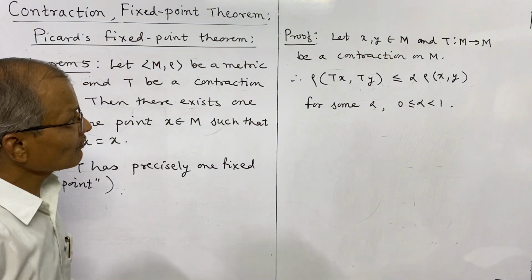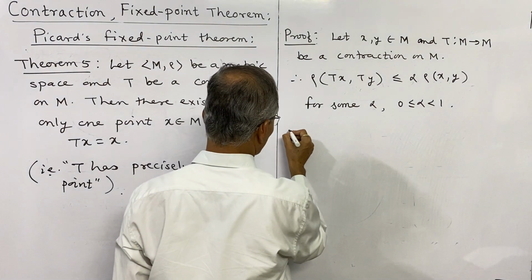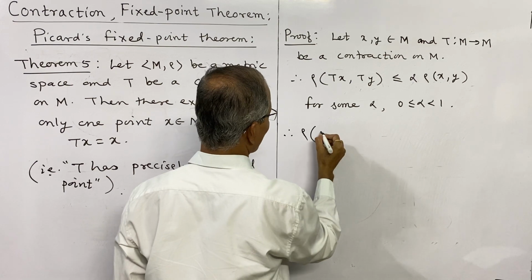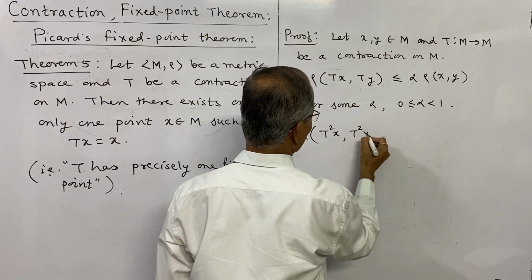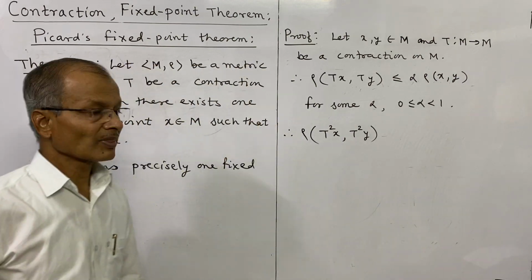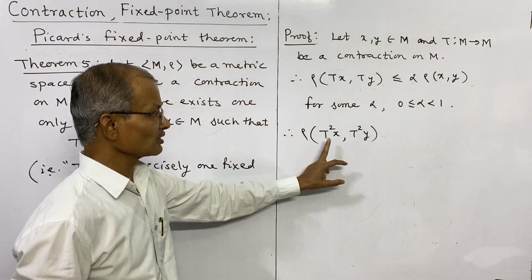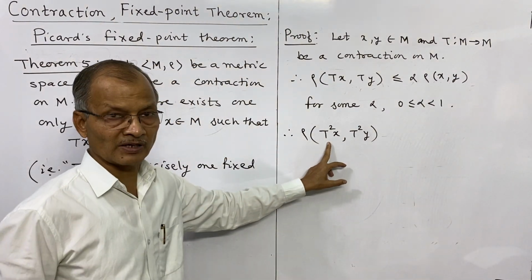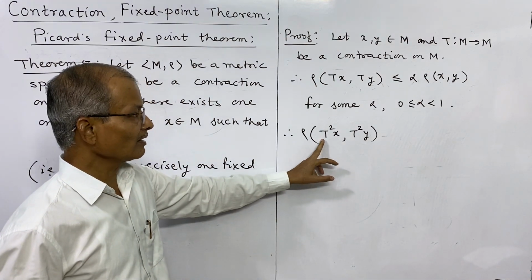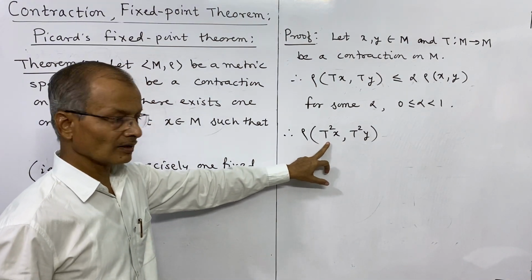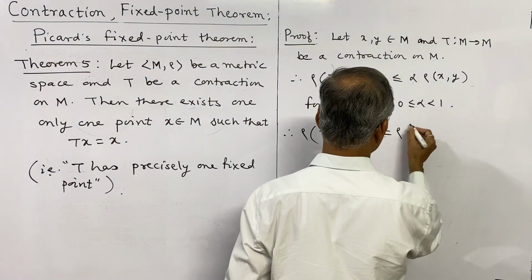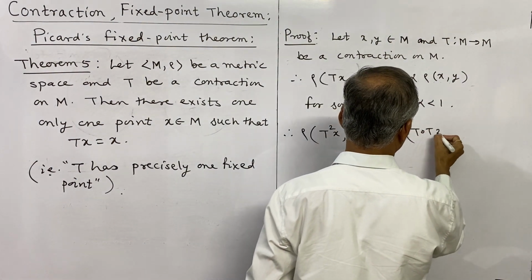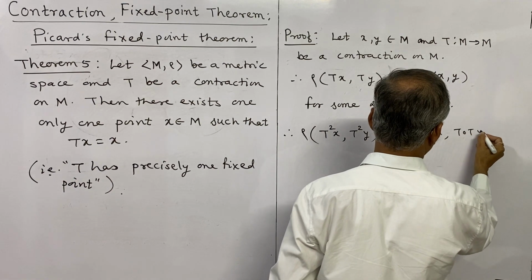And now further we will have, therefore, rho of T square x, T square y. T square x means T of T of x, the composition of T with itself, and therefore this can be written as rho of T∘T of x and T∘T of y.